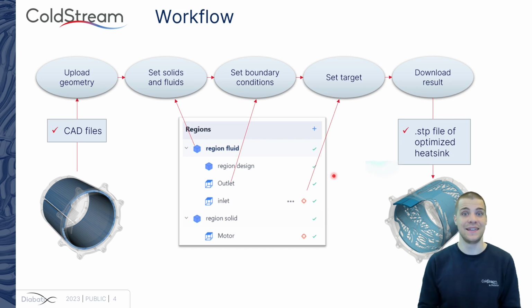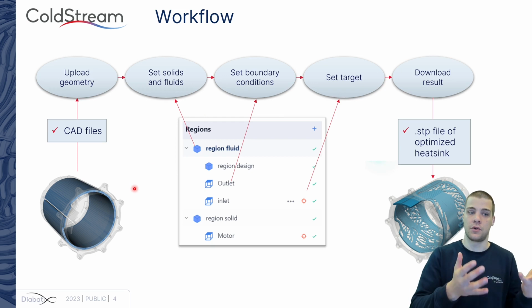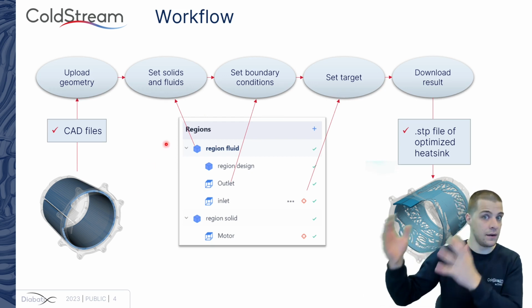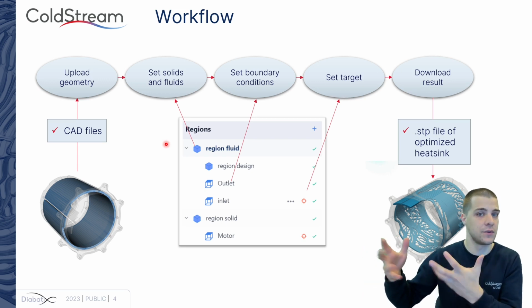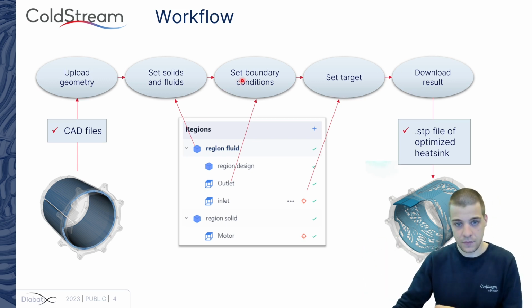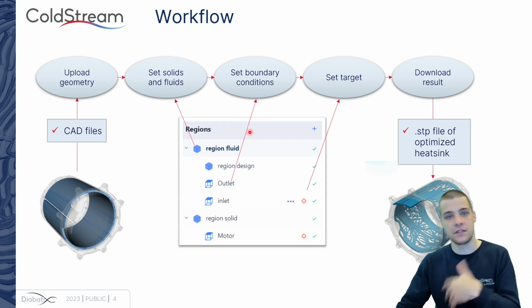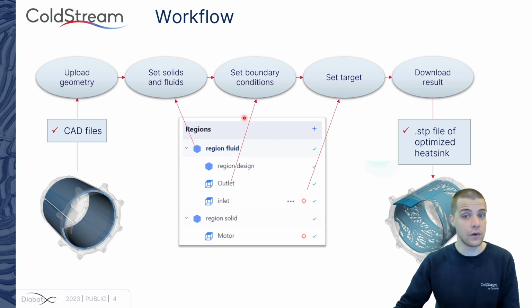I said the human engineering time is really reduced. What does it look like? Basically, these are the only steps that are required. You upload your geometry, you fill in the solids and fluids, basically the physics, then set the boundary conditions themselves: the inlet conditions, the outlet conditions, what the heat load looks like. The only new thing compared to other CFD software is that you have to set targets and the design volume.